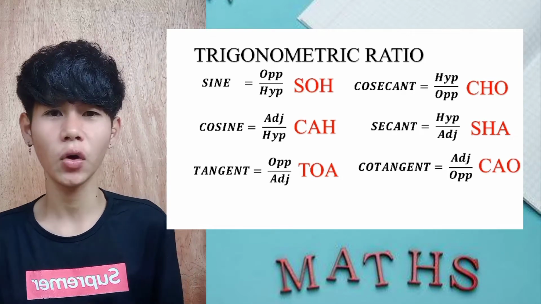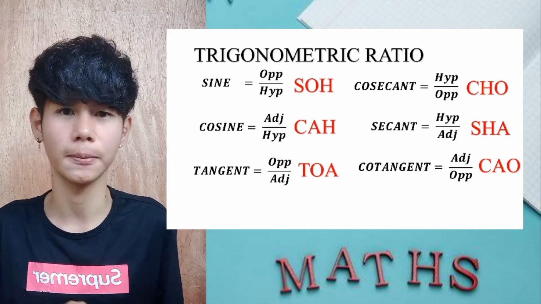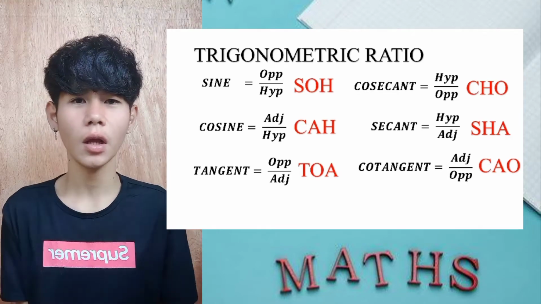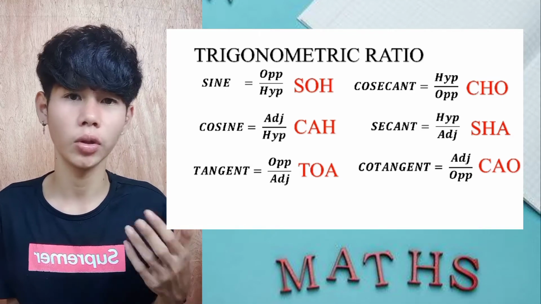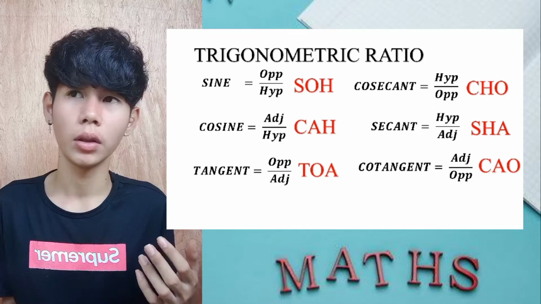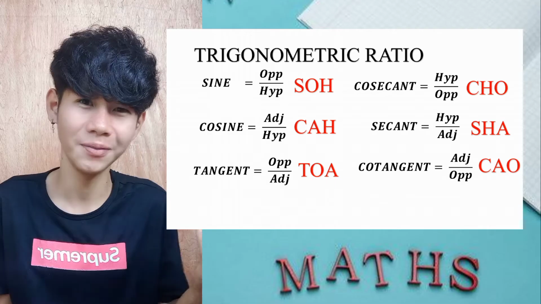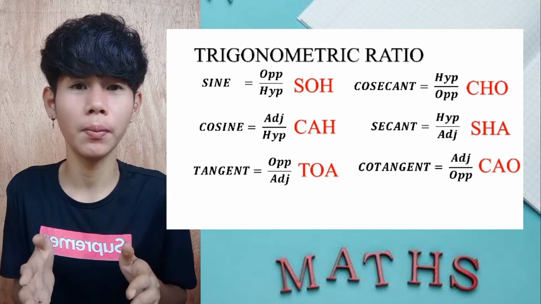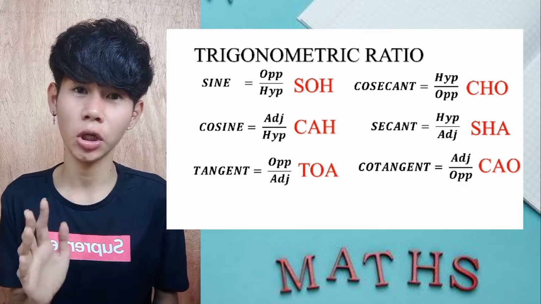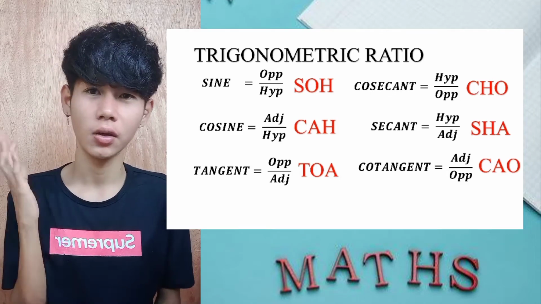Then cotangent is adjacent over opposite, which is the inverse of tangent. SOHCAHTOA is a helpful mnemonic for the definition of the trigonometric functions, which are sine, cosine, and tangent.